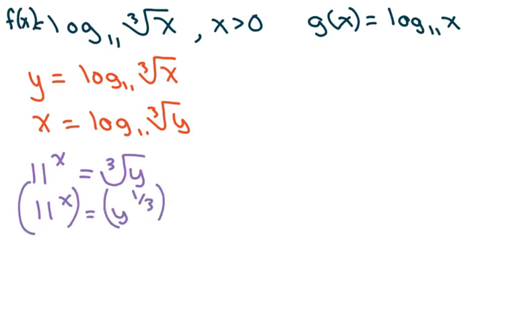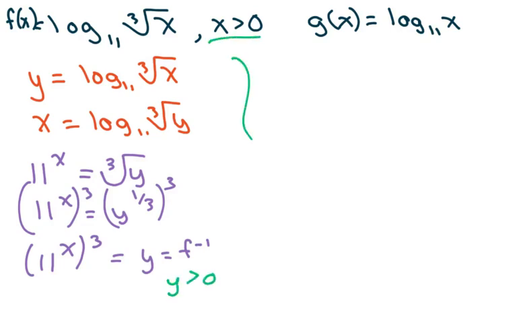Now power it up by 3 to get rid of this 1/3. So y, which is our inverse, equals 11 to the x cubed. Now, the range is just going to be y is positive, because it's just the domain of that.